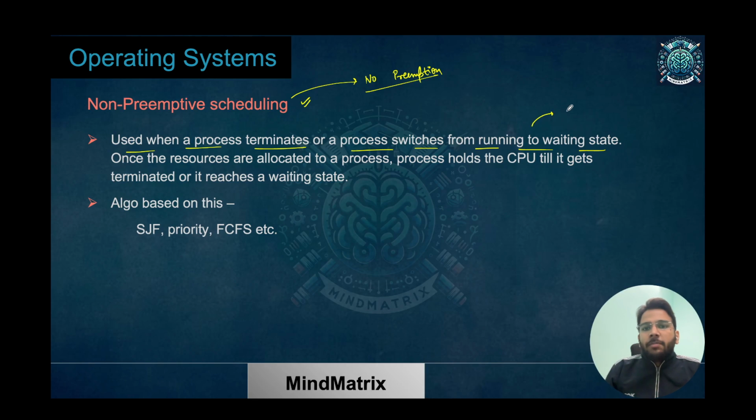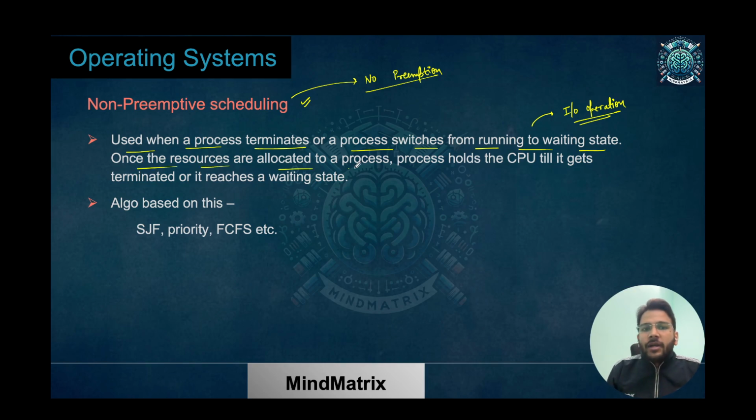That means the process wants to perform some input output operation. If a process wants to perform some input output operation, the system will shift the process from running to waiting state, right? So in that case, non-preemptive scheduling is used.